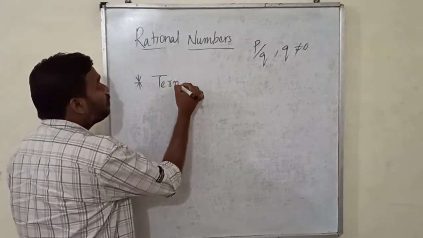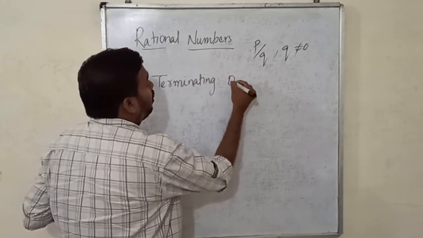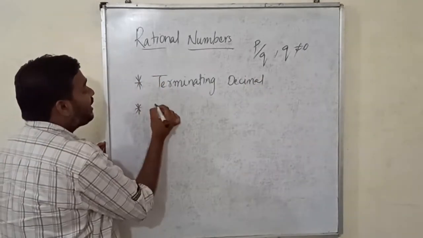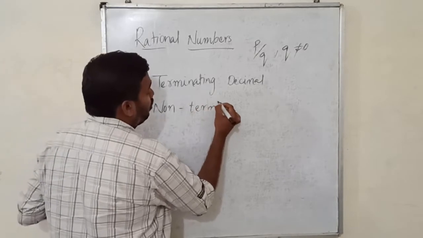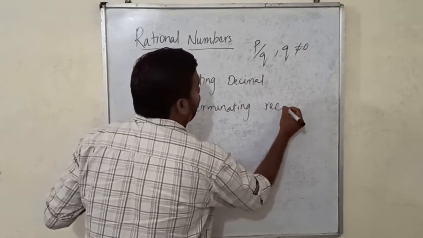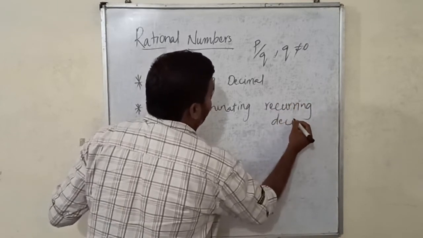terminating decimal and non-terminating recurring decimal.